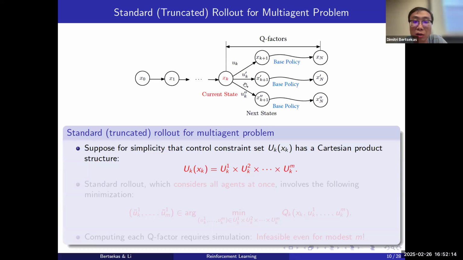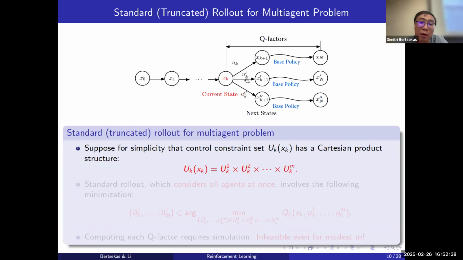Similarly, the cost associated with this trajectory is the Q factor of xk and uk prime, right? So we calculate, in this case, 3 Q factors, compare their values, find the one that attains the minimum, and use that control. Suppose this is the smallest, so we choose that one.